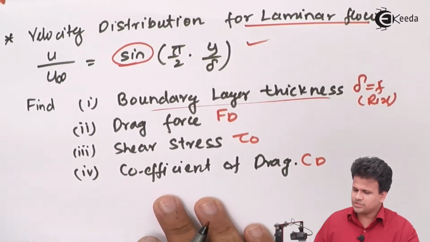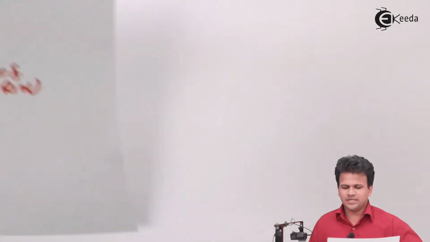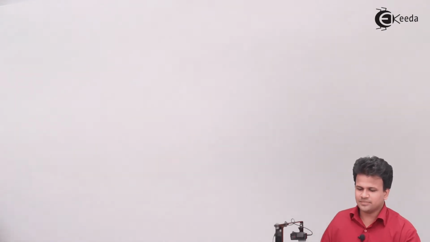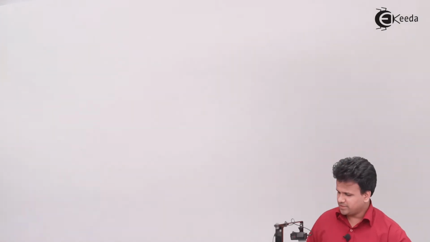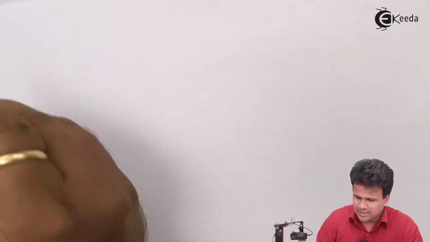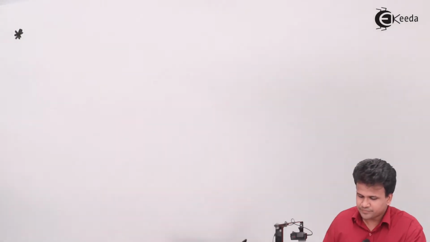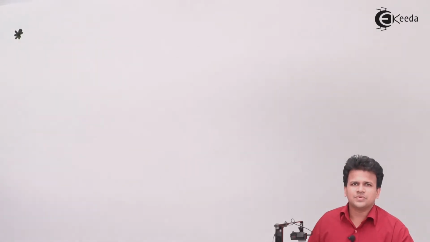First, for solving this problem we'll need the boundary layer thickness in terms of Reynolds number. For that we have to apply von Karman's momentum integral equation. For that we need the momentum thickness.